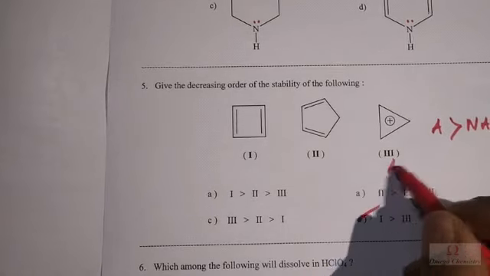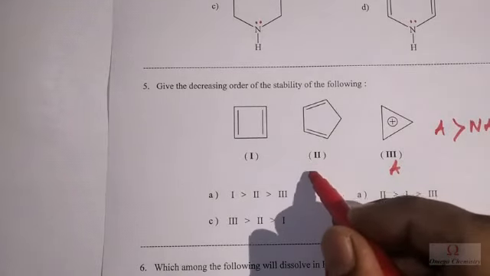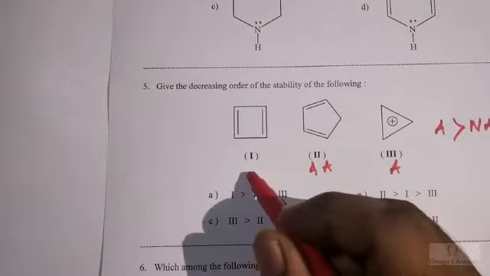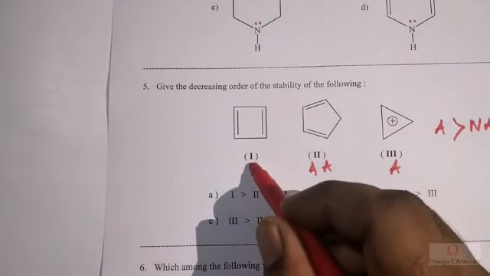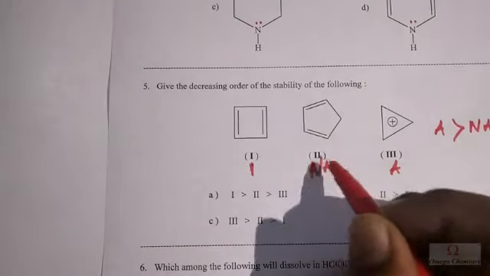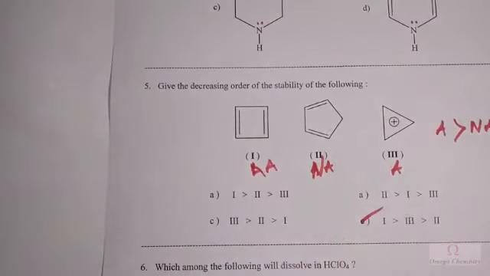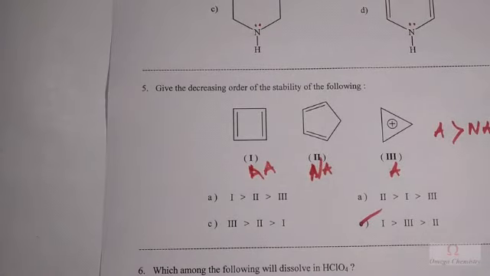So this compound is aromatic, this compound is anti-aromatic, this compound is non-aromatic and this compound is anti-aromatic. That's why option C is the right answer.